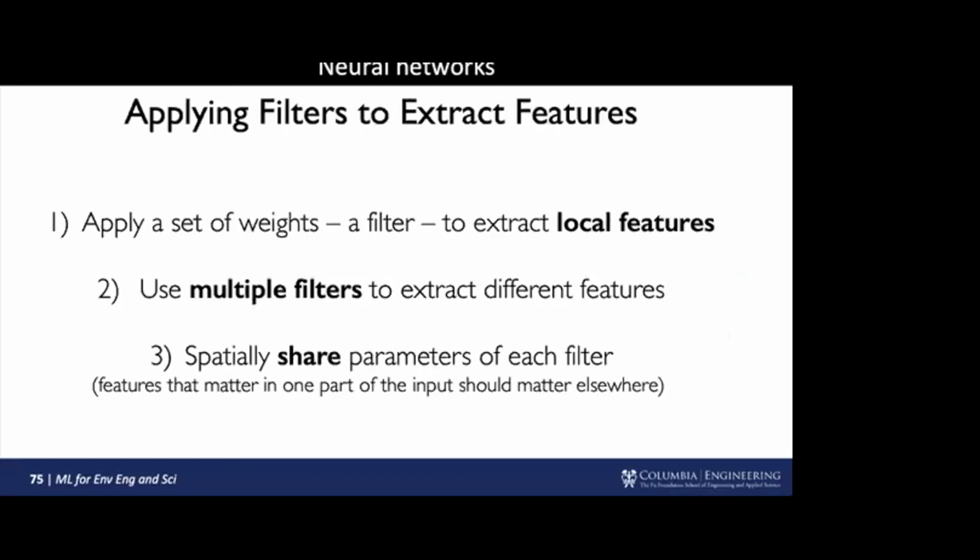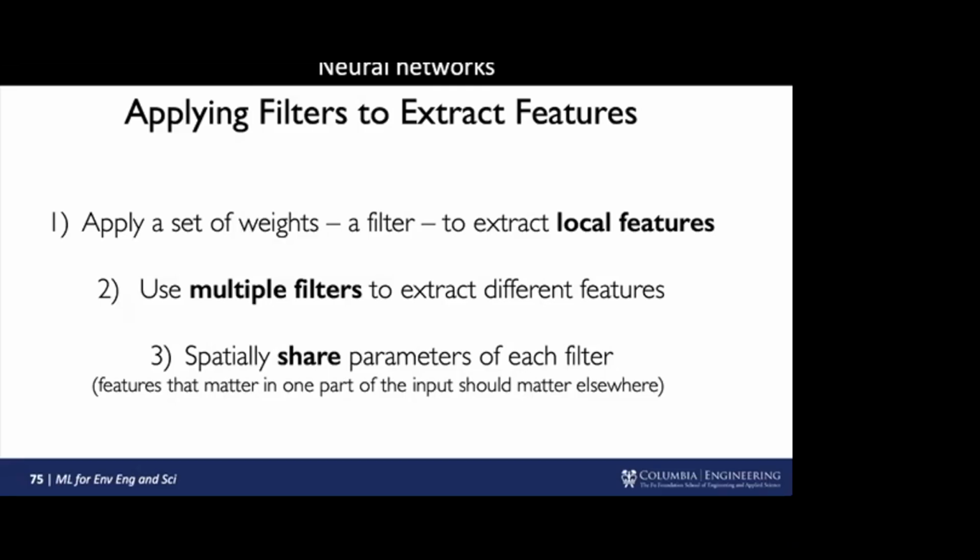Okay, so in a convolutional neural network, we use filters, and they also have a fancy name called kernels, to extract the features. A filter is just a small set of weights applied to a local patch of the image. Each filter is designed to respond to a specific kind of pattern, like an edge or texture.